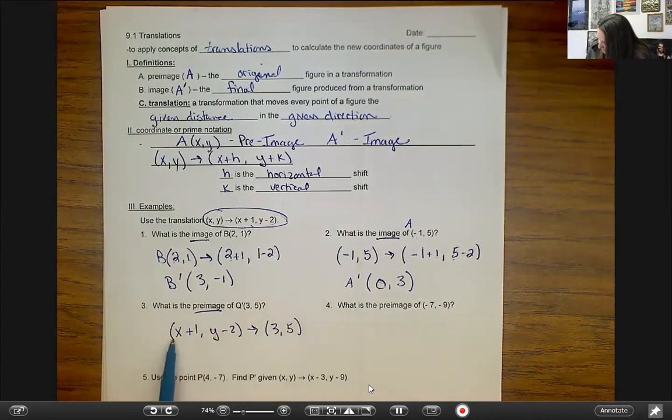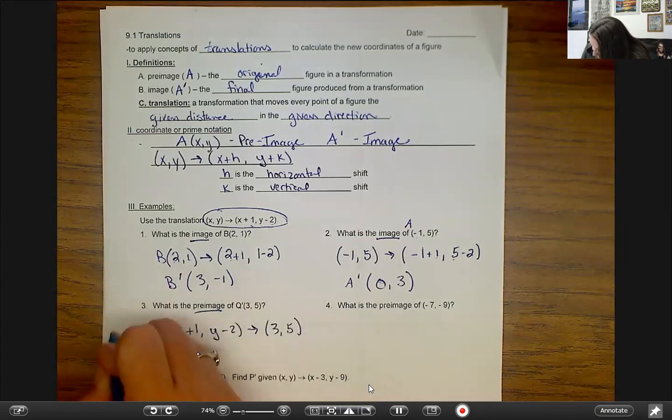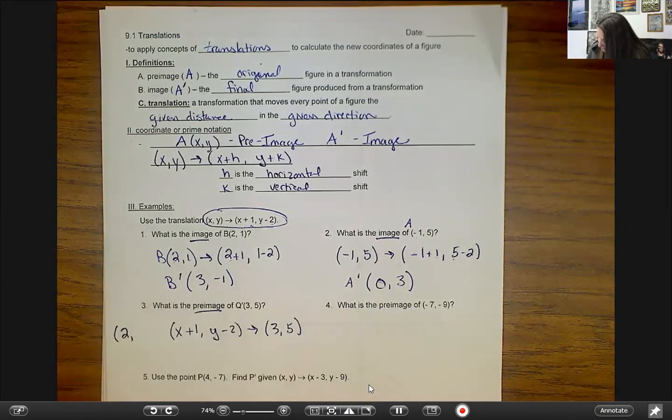But where would it have begun? So in this case, what I would need to do is determine what x value, if I add 1 to it, would take us to 3. Okay, so in this case then, I could say that that would start at 2, because 2 plus 1 would take you to 3.